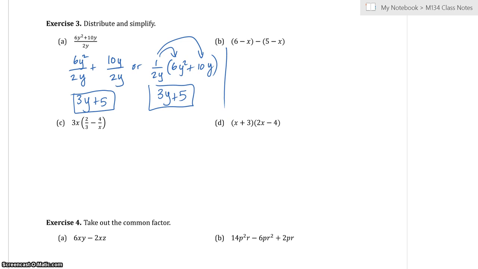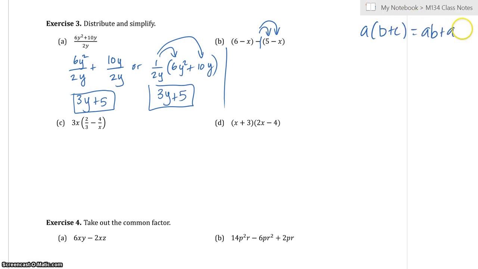Part B, don't forget about the negative. So you do not FOIL here because you have a minus sign. We're only going to distribute that -1. A common mistake is to distribute that whole 6 minus x. But it's just the 1, because if you remember, the distributive property is a multiplication.